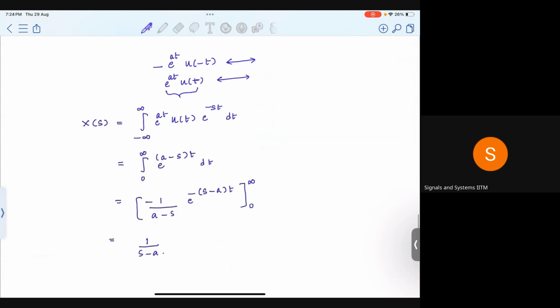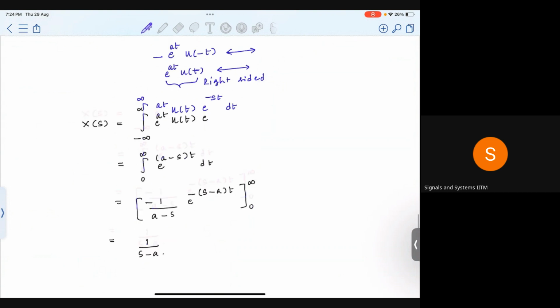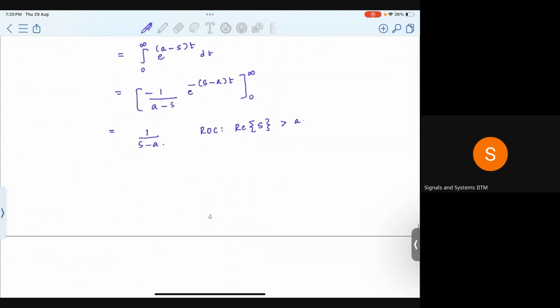And since this is a right-sided signal, remember I have told you in the earlier live sessions that for a right-sided signal the ROC should be to the right of the rightmost pole. Hence the ROC would be real part of s greater than a. Why?